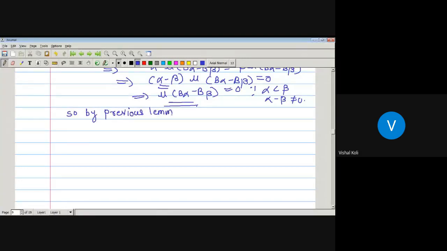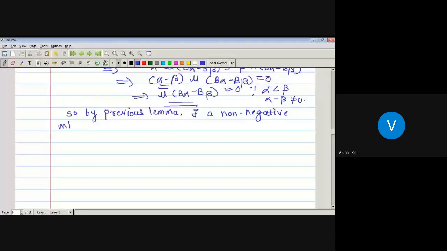there exists a measurable function f such that f is less than or equal to alpha on B alpha, and f is greater than or equal to alpha on B alpha complement, that is A alpha.